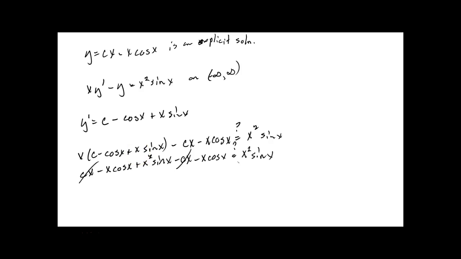Because it's negative x cosine x, and the difference in the equation is negative y. So the negative distributed to the c. Ah, there it is. That should be in parentheses there, and that would make that a plus. Now that adds to 0, and this equals that. Sure enough, that's correct.